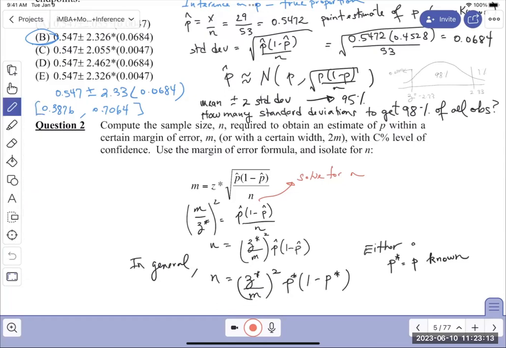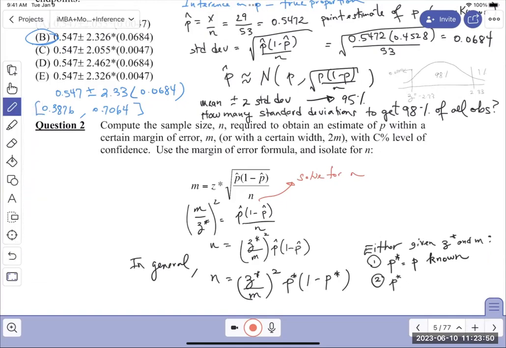So either given Z star and M, either you let P star equal P because it's known, but in fact, we're doing this because we don't know it, right? So we want to get a sample to estimate it. So that's probably not it, but there might be problems like that, you know, it's just testing if you know the theory. So it'll give you P and you can just plug it in.